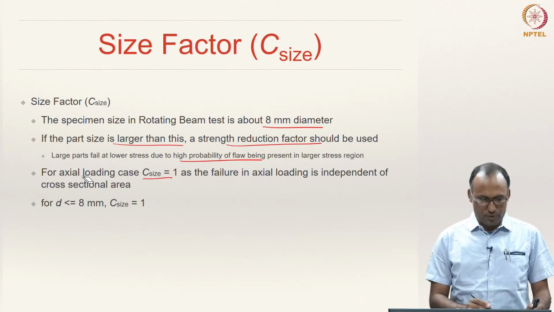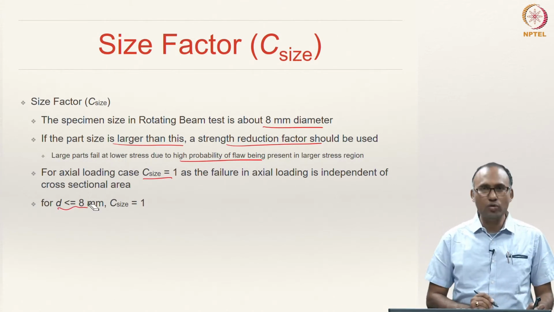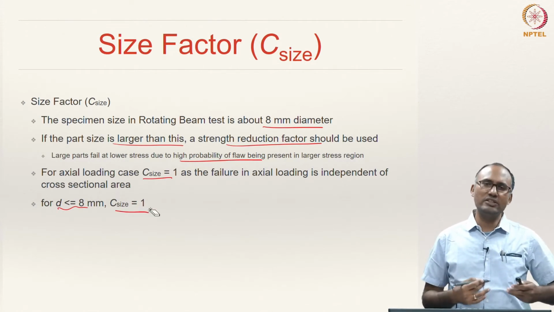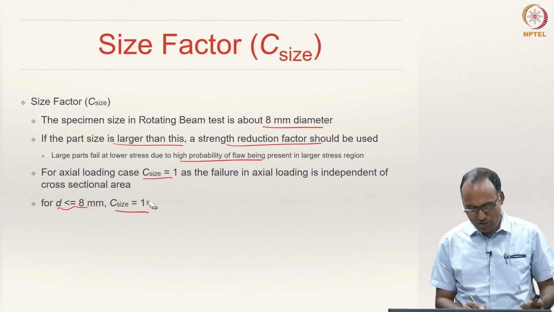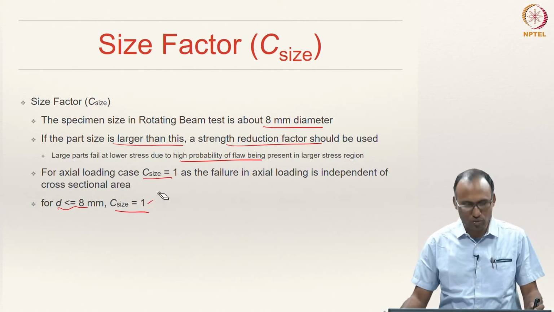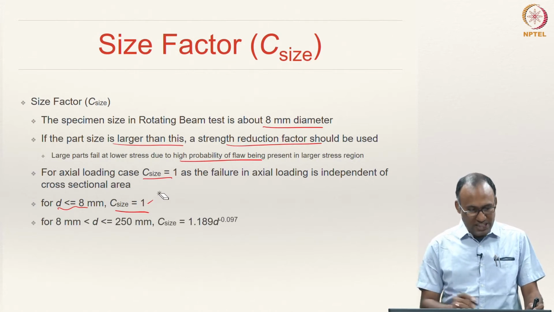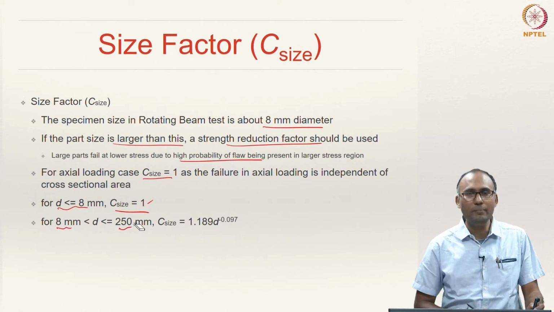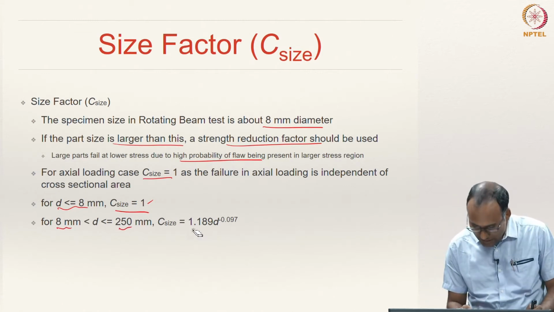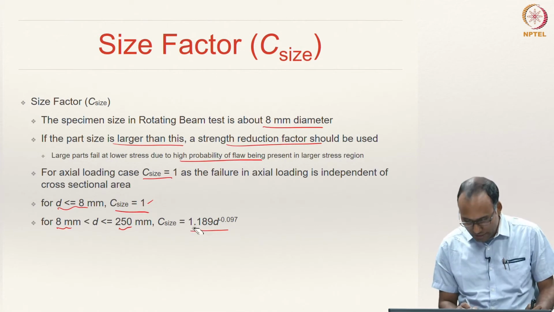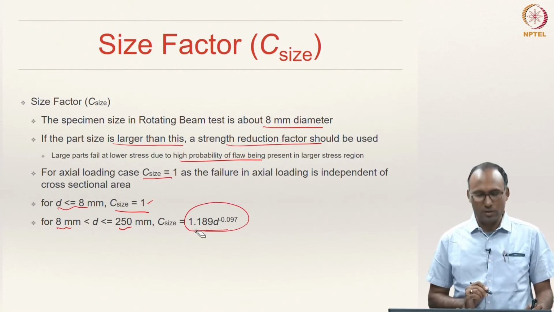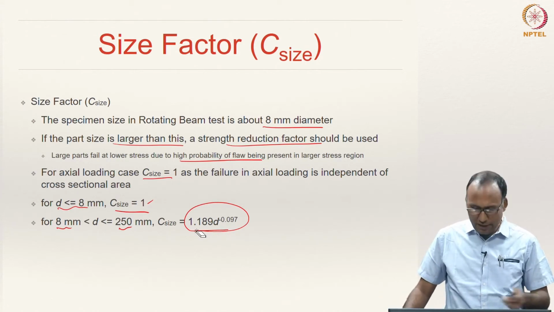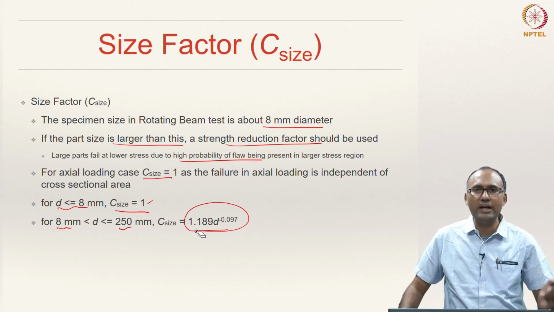So, the prescription is, for D less than or equal to 8 mm, C size equal to 1, because if it is less than 8, then it is not going to be worse than 8, and hence, to be conservative, you can take C size equal to 1. For the diameter of the rod being between 8 and 250 mm, the size factor is calculated from this empirical formula, and this empirical formula again is obtained by conducting several experiments, and this particular empirical formula seems to fit the data very well.